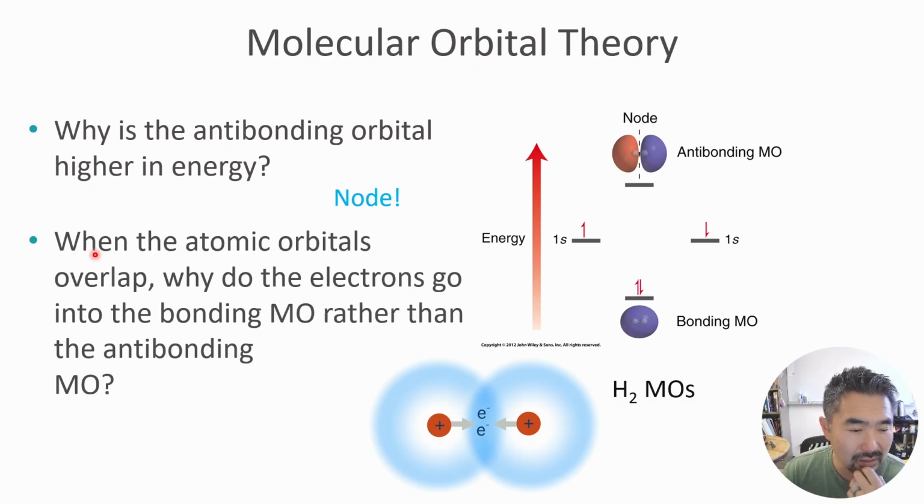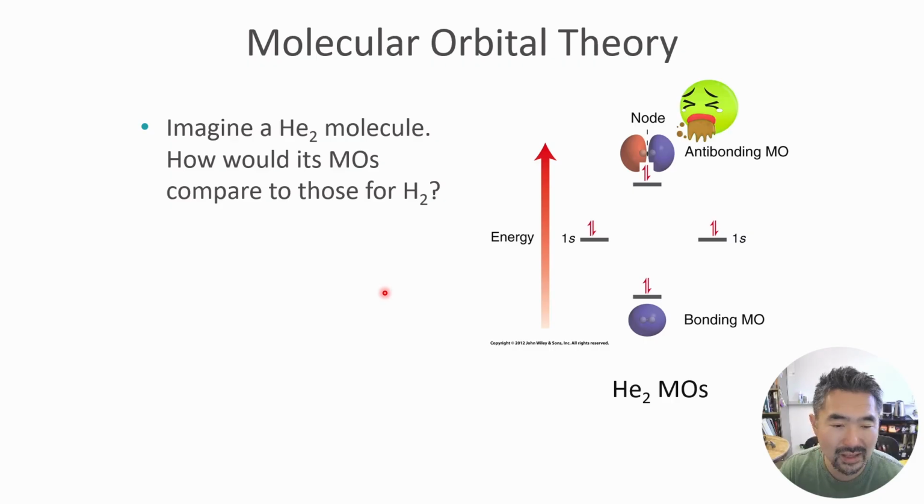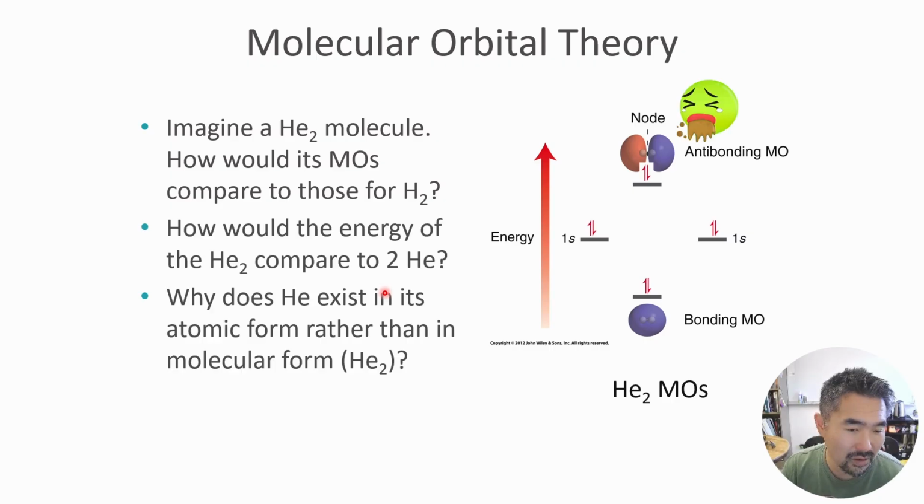And that's why the bonding molecular orbital is stabilizing for the whole molecule. But the anti-bonding molecular orbital is not, because electrons don't hang out in the middle, so the nuclei just want to repel each other. And that's why, by the way, the helium-2 molecule doesn't exist.